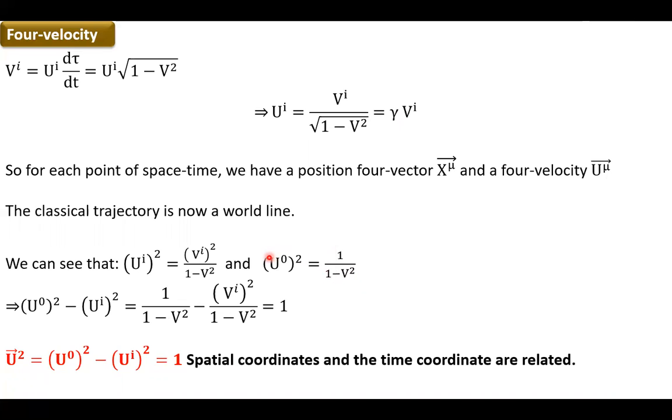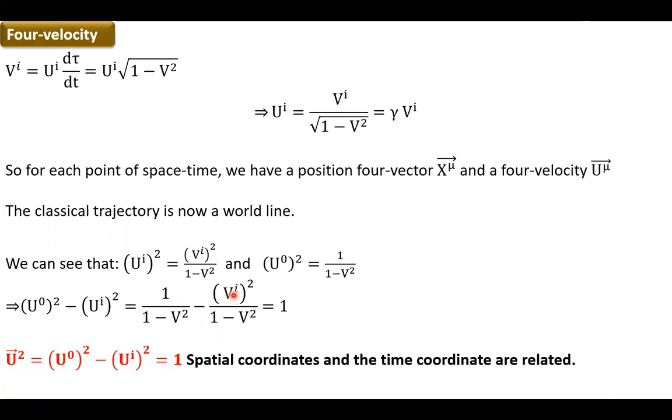If you make u0 squared minus ui squared, then you end up with 1 over 1 minus v squared minus vi squared over 1 minus v squared.